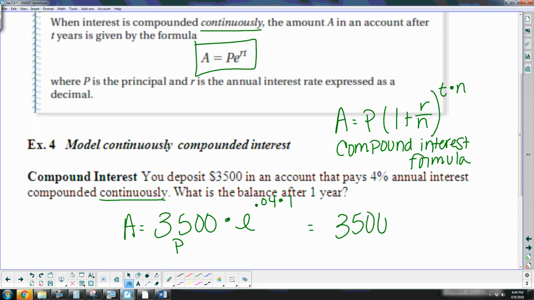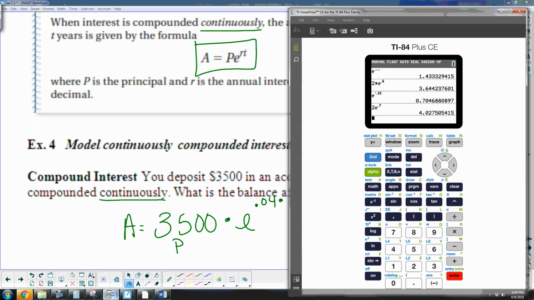So 3,500 times e to the 0.04 power, which we can do on our calculator. 3,500 times e to the 0.04 power, which gives us $3,643.39.